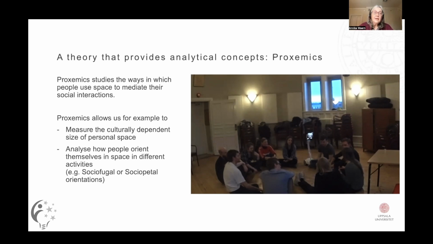In this theory complex, we have a host of ways that we can measure and analyze the way we orient ourselves in space. For example, an important concept is the concept of personal space. The personal space is the physical space around us that we want to keep for ourselves. We get uncomfortable if people come into our personal space.